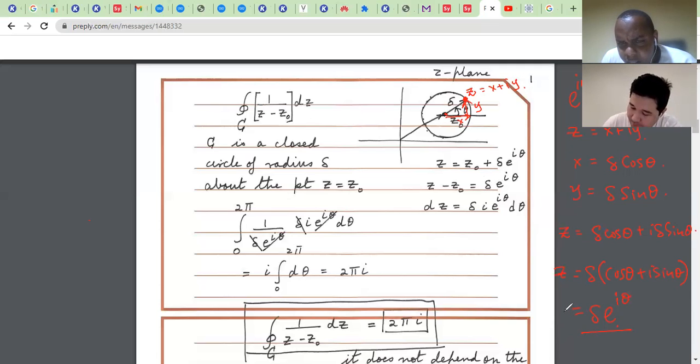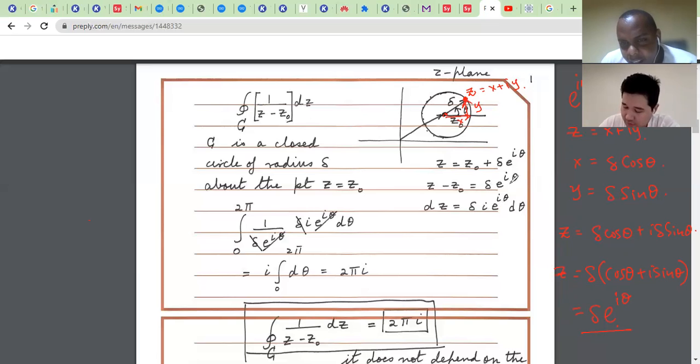So we are getting z from this point. Oh, right, sorry, my bad.